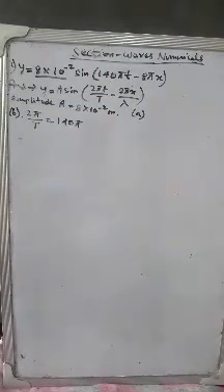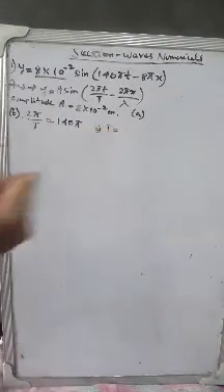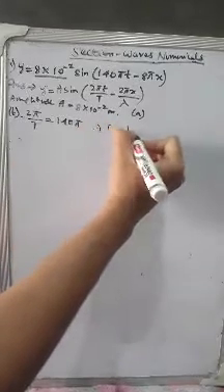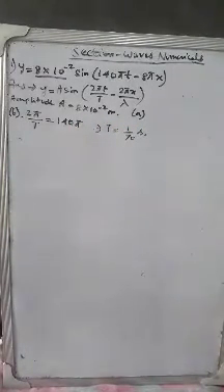Now just arrange it mathematically. Therefore T will be equal to 1 by 70 seconds. Now that we have T, we can find the frequency.